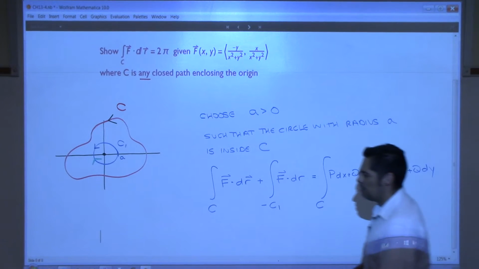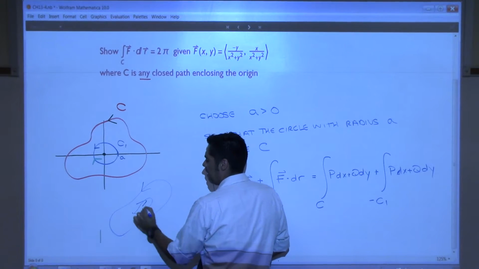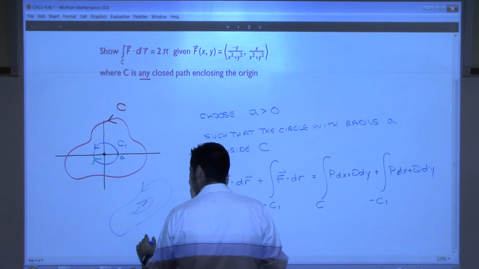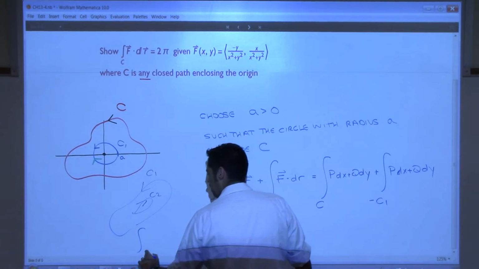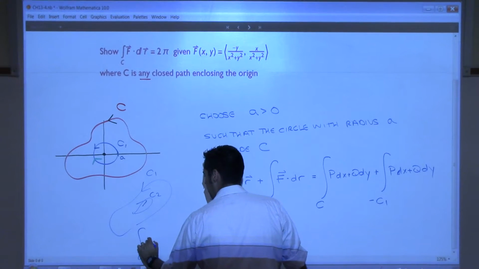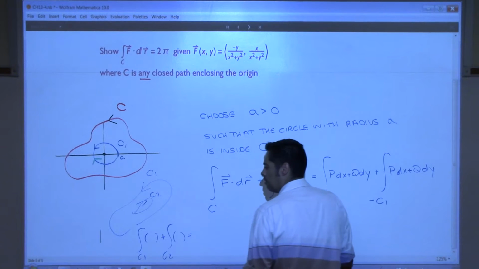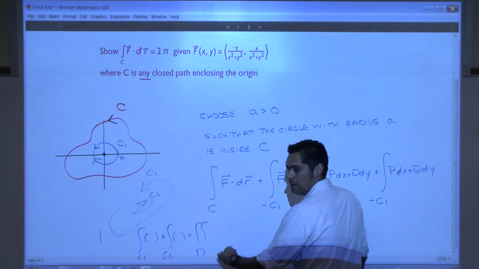If you had this region D, I cut out a circle, and I said this way on one and that way on the other, and we said that this really makes this equation true. This was C1, this was C2. The line integral over C1 plus the line integral over C2 would be equal to the double integral over D of the partial stuff.